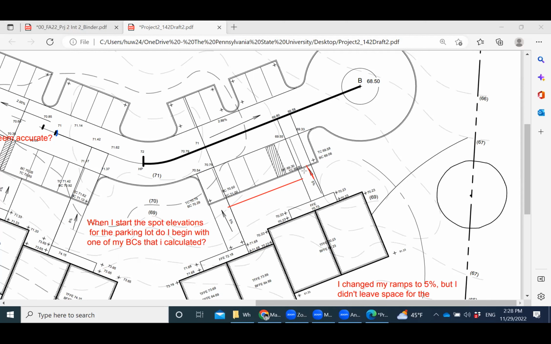I want it to be 2%, then this will change. That's correct. You don't have to add it, but if you add it, you do want to make that portion 2% instead of 5%, because that's a cross slope. If that's the case, then you would change things. Yeah, if you don't add it, you don't need to change. Okay.